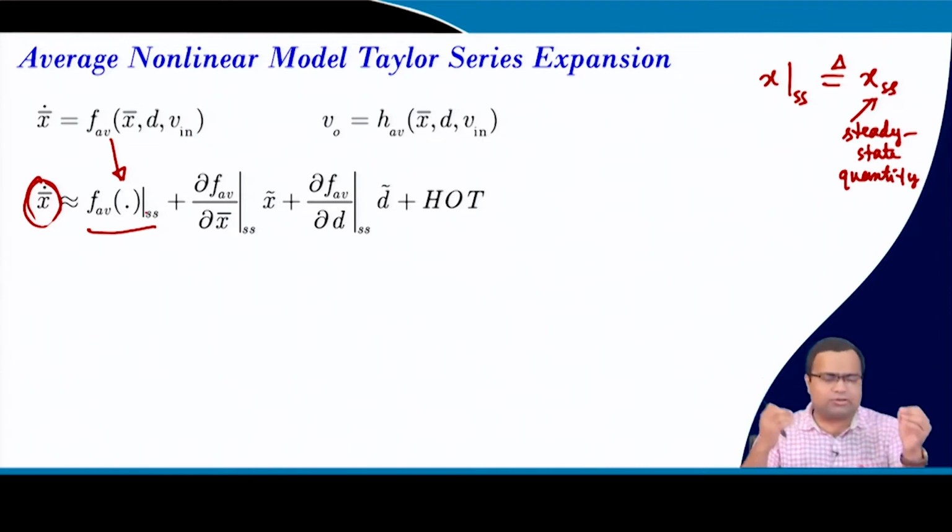But you can also approximate using the Taylor series for any arbitrary point, which need not be a steady state or an operating point, but whether you are going to get the perturbed linear model or not, that we are going to discuss.